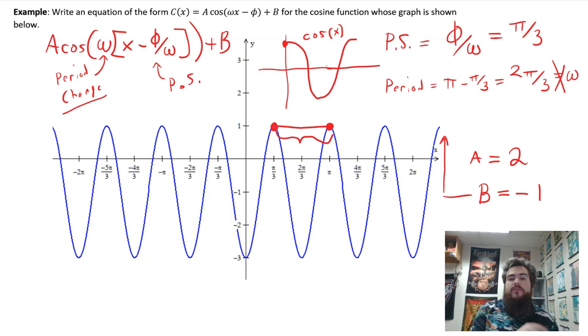In order to find the period, what we normally would do is take omega and divide that away from the typical period for this function. So what that means is that we would normally do 2 pi divided by omega, and that equals your period. So that would equal 2 pi thirds.